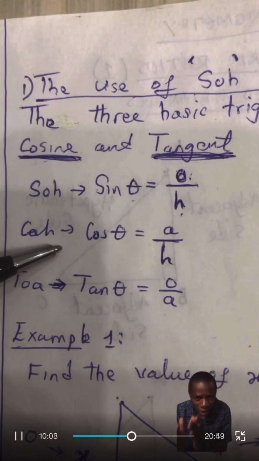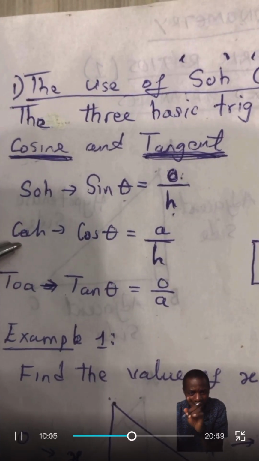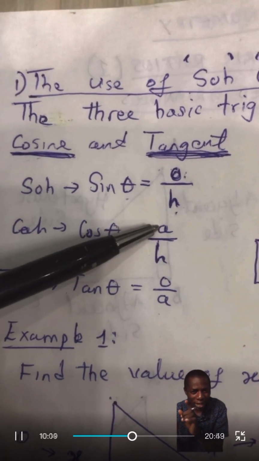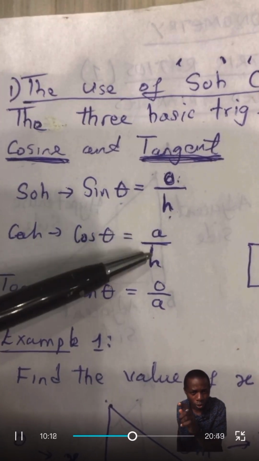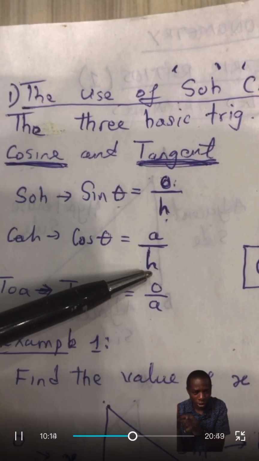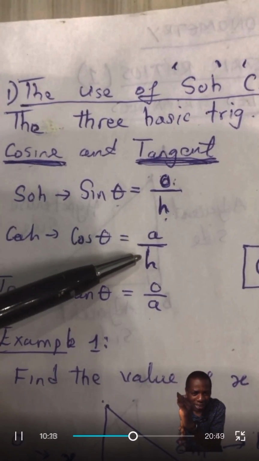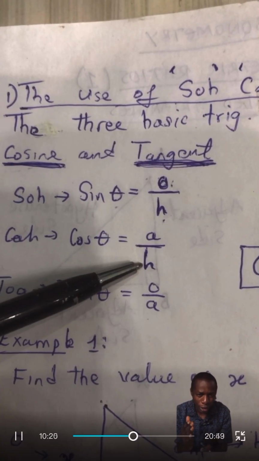Now, when it comes to CAH, that C stands for cosine of angle, followed by A, which is adjacent, over H, which is hypotenuse. So the order is this: it has to be adjacent over hypotenuse.